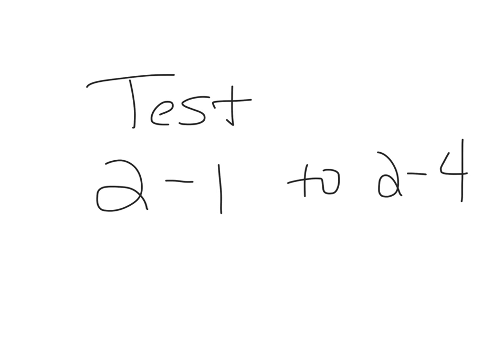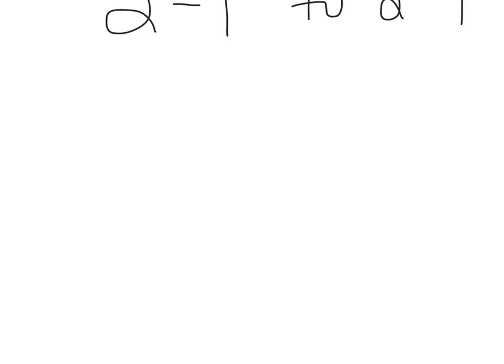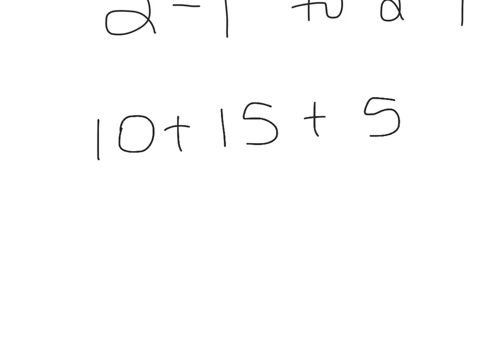So just like in the homework, you're going to get problems where they're just going to ask you to combine them, like 10 plus 15 plus 5, and they're going to say to simplify. So you would just add those all up. 10 plus 15 is 25 plus 5, and you would tell me it's 30.